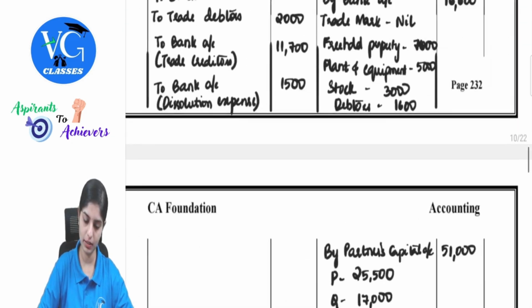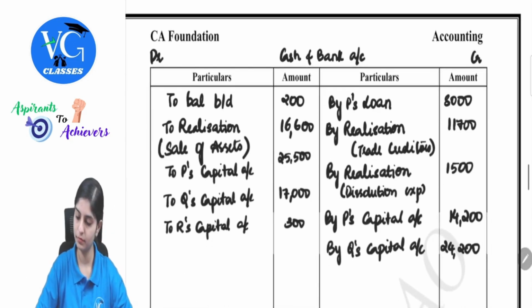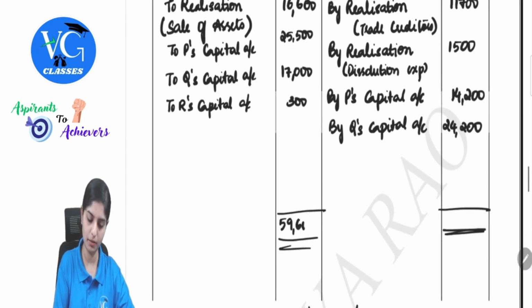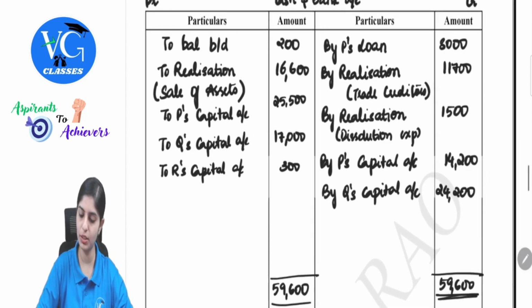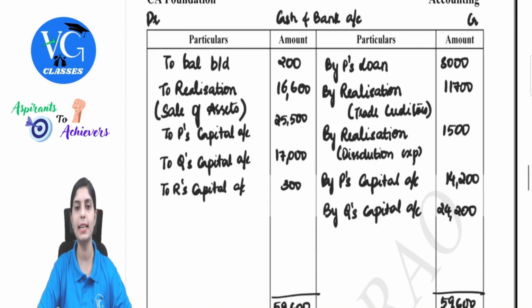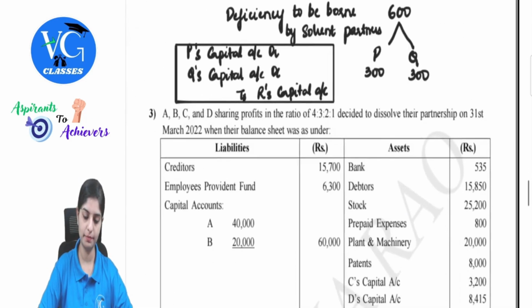This is 16,600. Yes. 59,600 on both sides. In this question, the differentiating point was about applying the Garner versus Murray rule. I hope you are comfortably understanding step by step. Moving to the next question.